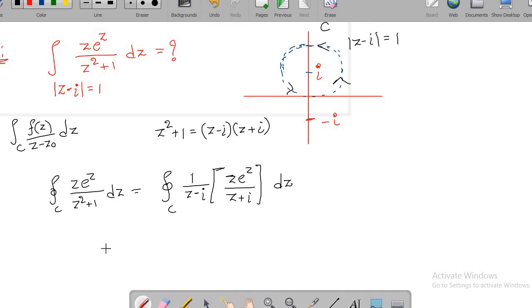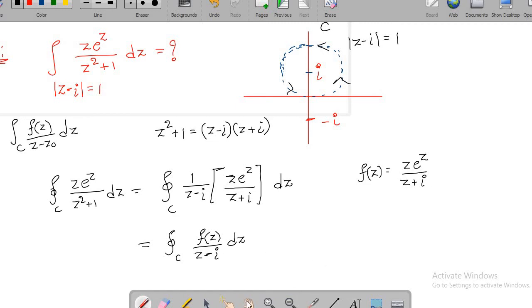Now if I take f of z equal to z into e power z by z plus i, this integral gets this form: the integral along C of f of z divided by z minus i into dz.